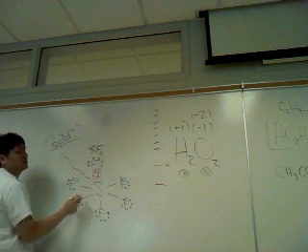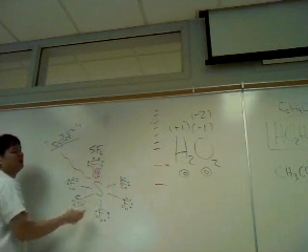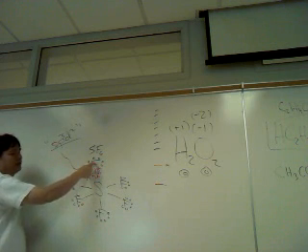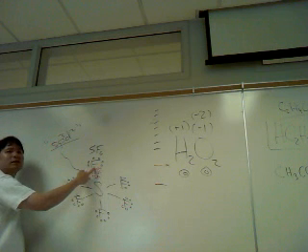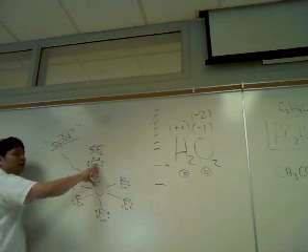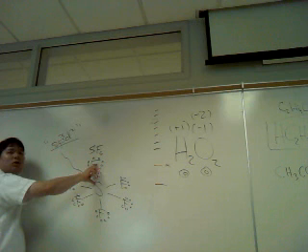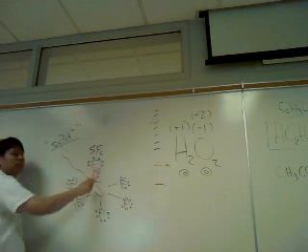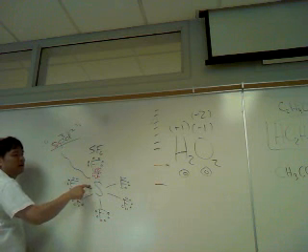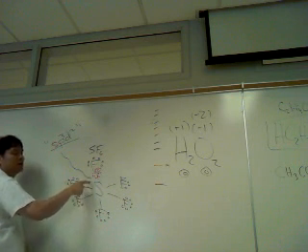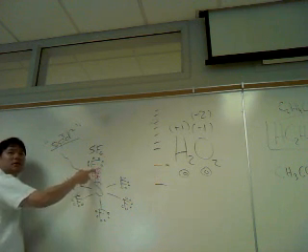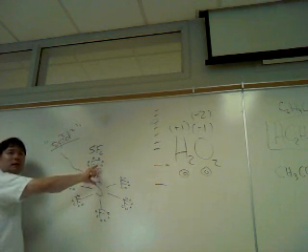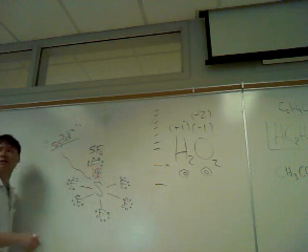The nuclei in fluorine and sulfur are going to be drawn to this negative charge density, and it's going to hold the two nuclei together. This is the way valence bond theory describes a bond: overlapping atomic orbitals, concentrating electron density, which causes the nuclei to be held together by that negative charge density.